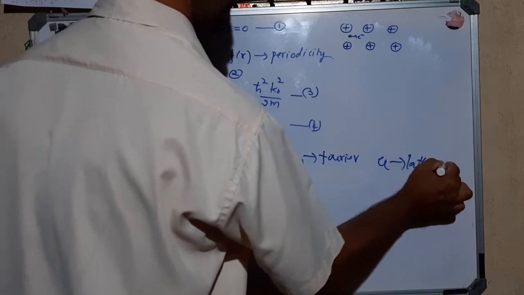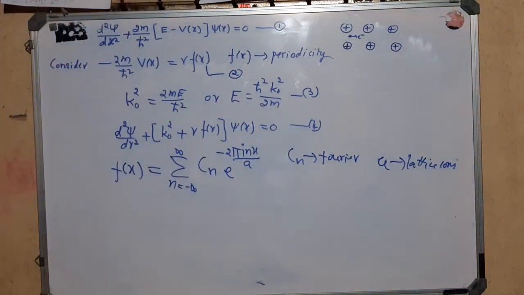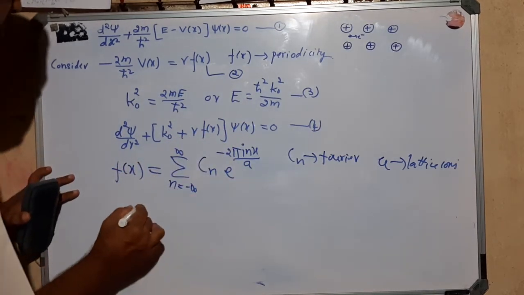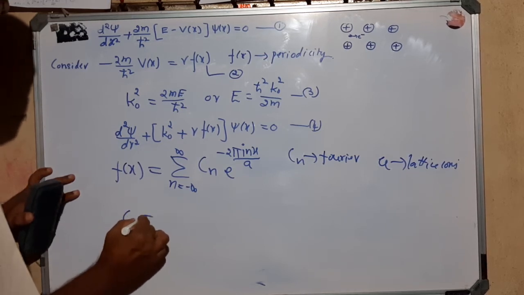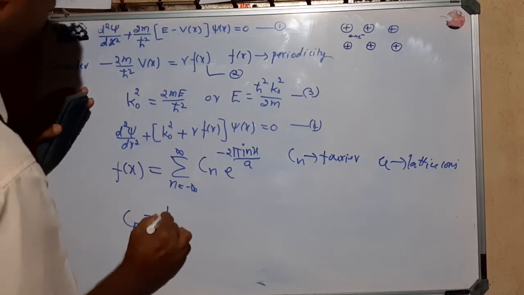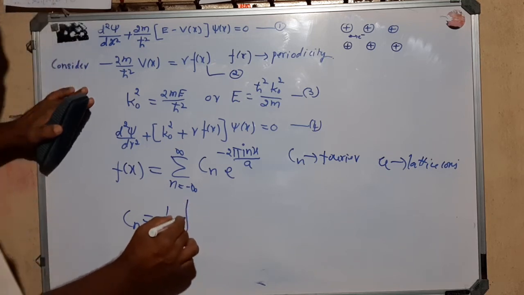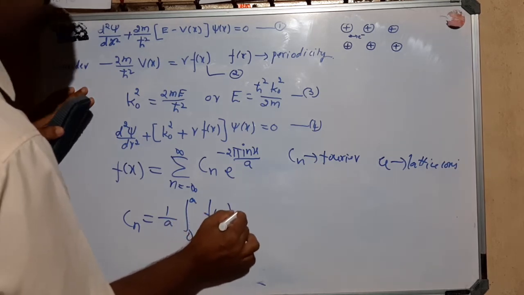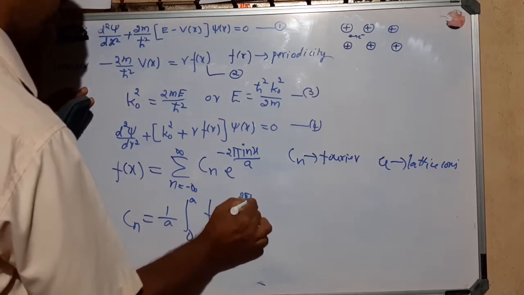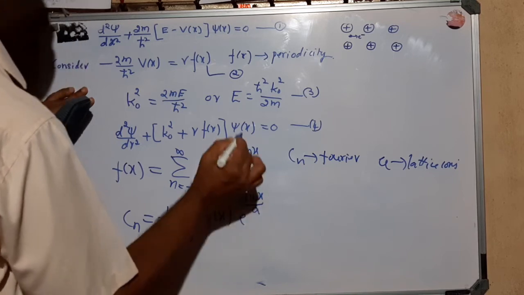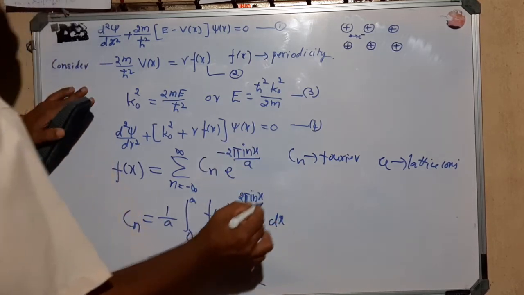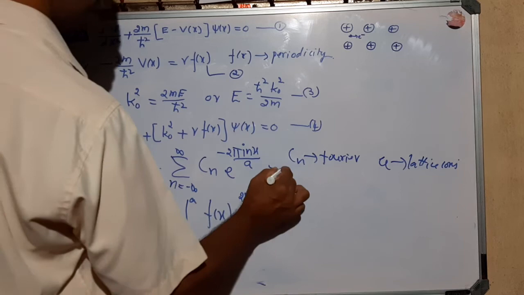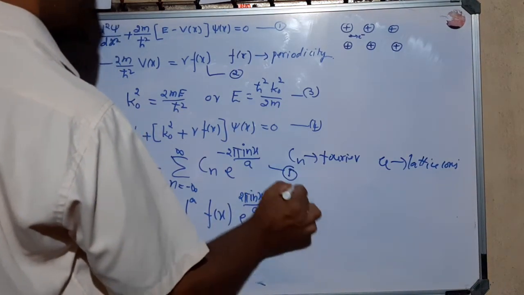Now, the Fourier coefficient is given by Cn = (1/a) ∫ from 0 to a of f(x) e^(2πinx/a) dx. Therefore, this is equation number 5. This is equation number 6.